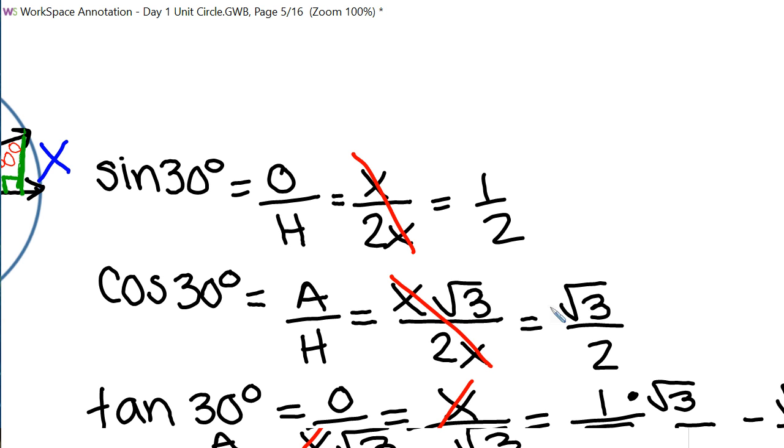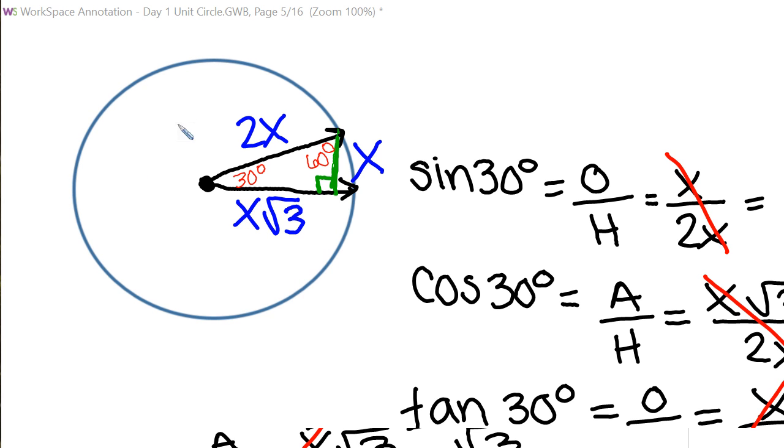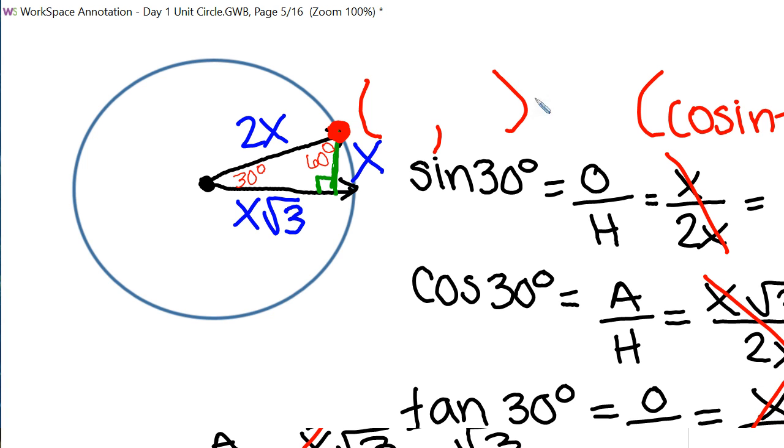Now, when it comes to the unit circle, we often see cosine and sine written as an ordered pair at the edge of the terminal side. So my 30-degree angle is terminated right here at this point. So at the end of the 30-degree angle, we typically see an ordered pair, and those ordered pairs are always in the form cosine, comma, sine.